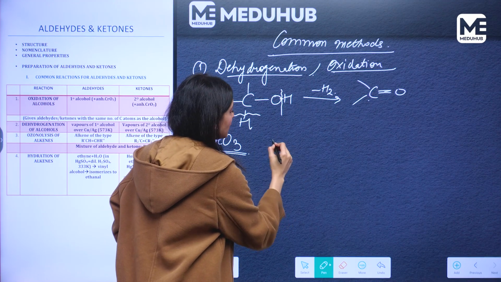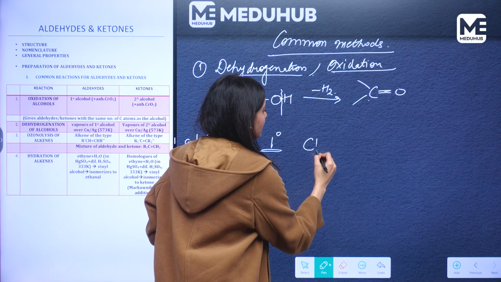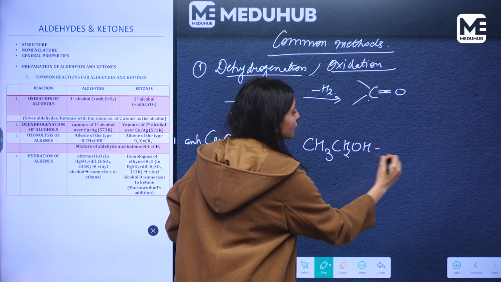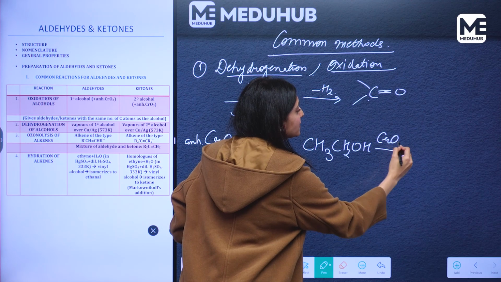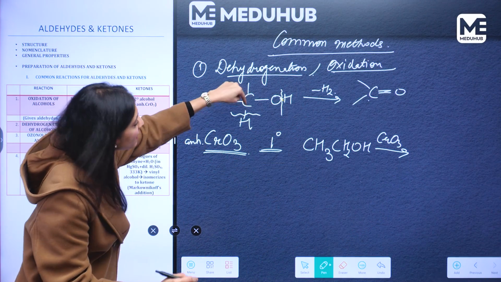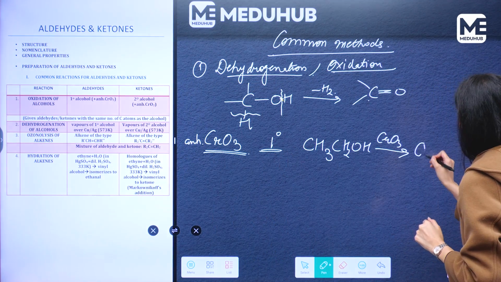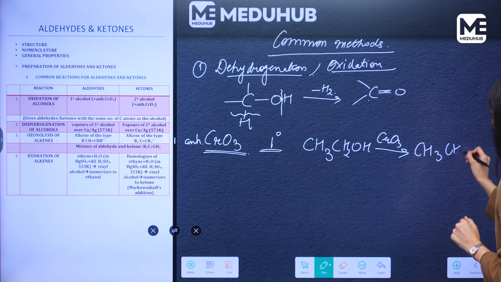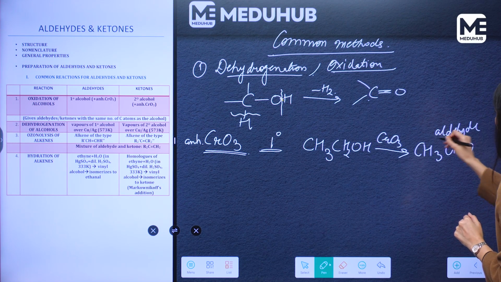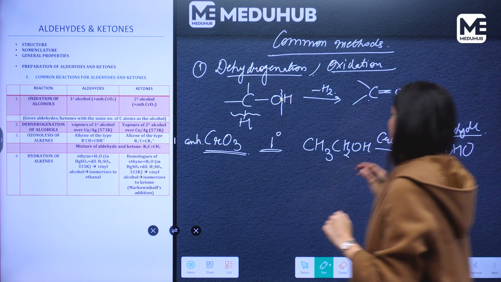So if we have a 1 degree alcohol, that is a primary alcohol like CH3CH2OH, on reaction with CrO3, the OH bond here will break and one carbon-hydrogen bond will break to give us an aldehyde, which will be CH3CHO. That means a primary alcohol on oxidation gives an aldehyde.